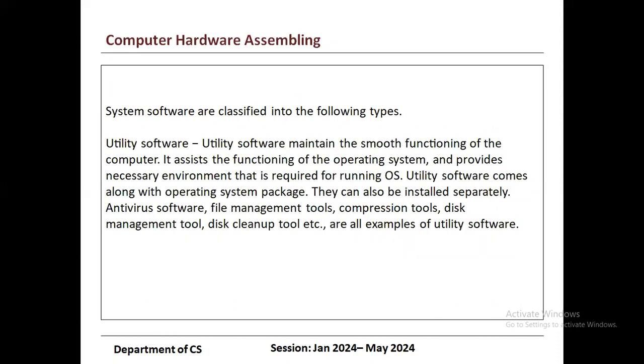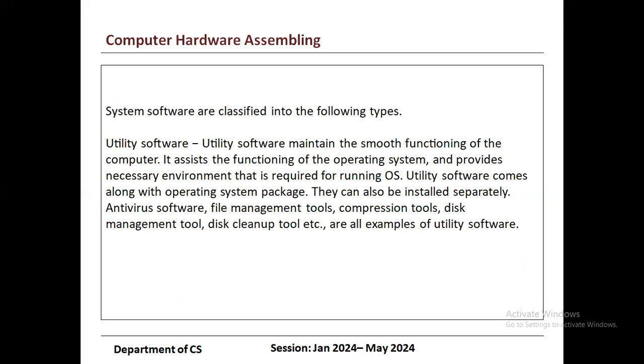So in our next slide, I will discuss the system software. System software is classified into the following types. First one is utility software. Utility software maintains the smooth functioning of the computer. It assists the functioning of the operating system and provides the necessary environment that is required for running the OS.